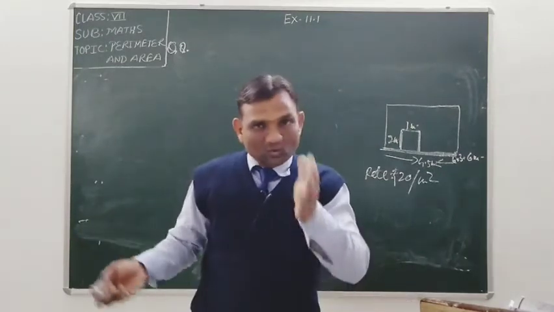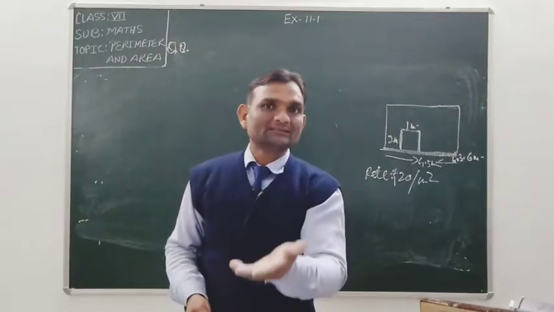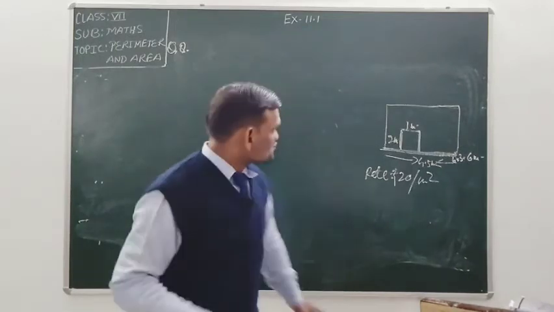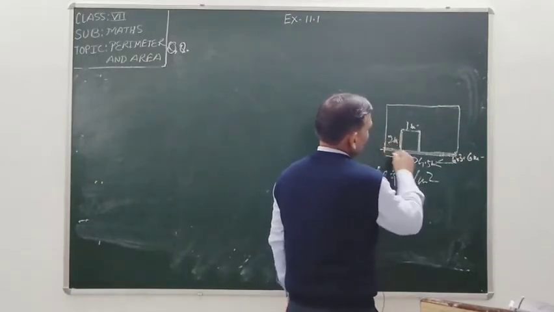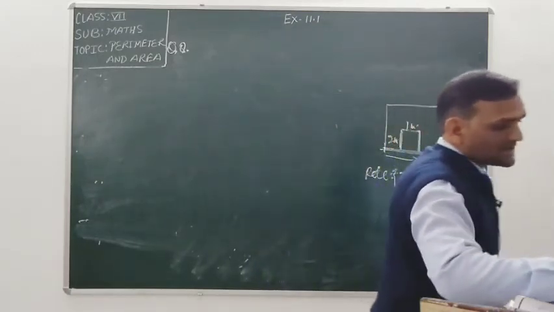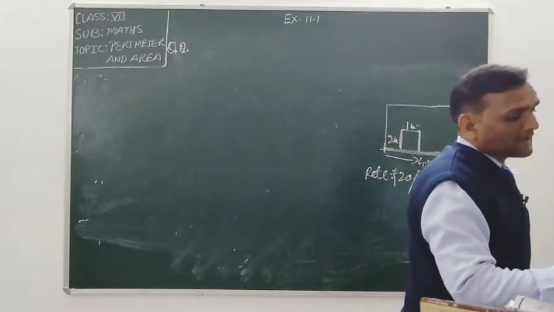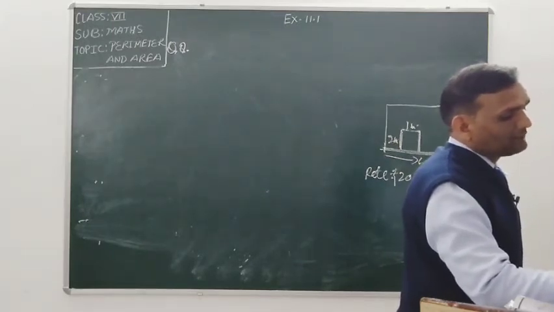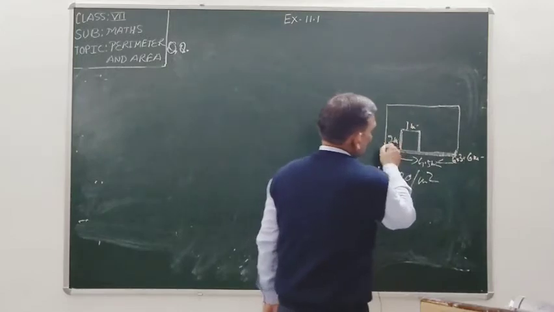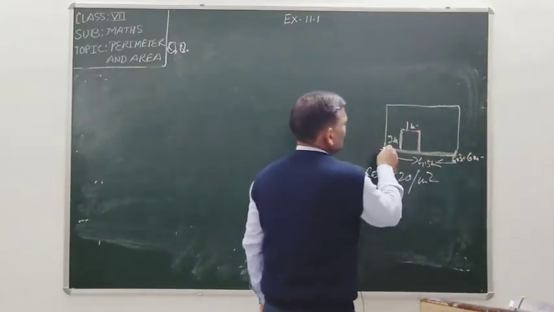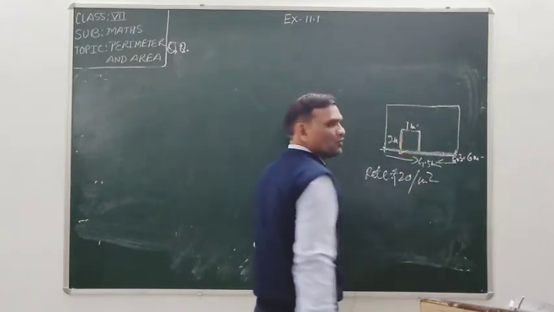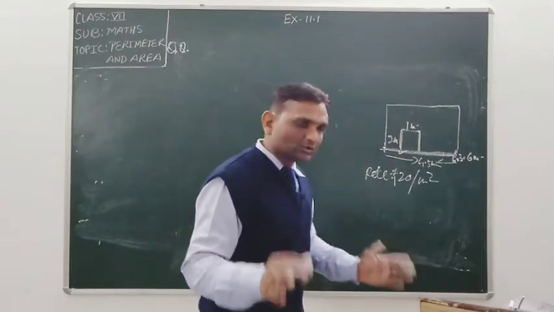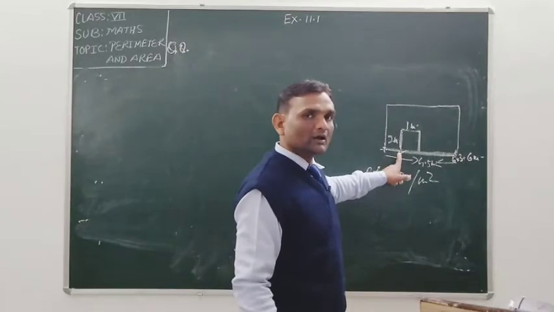Whitewash does not happen on the door, we do it on the wall leaving the door. So student, the question is asking me to find the cost of whitewashing the wall. If you need to whitewash this wall, what will be the total cost?